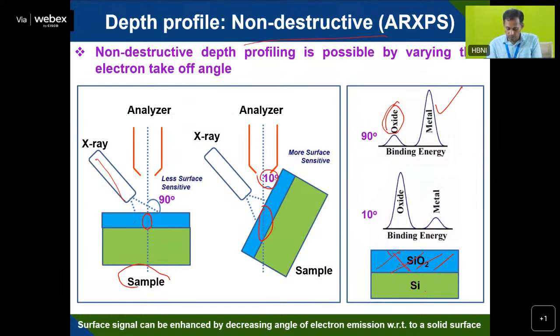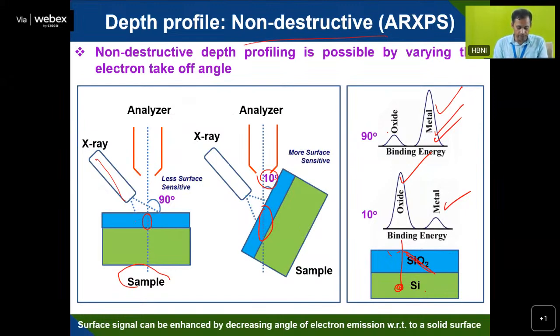In the initial 90° case, the X-ray may have penetrated to the silicon layer, so you get high silicon intensity, but the oxide is less. When tilted, it is mostly on the oxide layer. So oxide concentration is more here, and the silicon metal is less. Using angle-resolved X-ray photoelectron spectroscopy, you can do depth profiling in a non-destructive way.